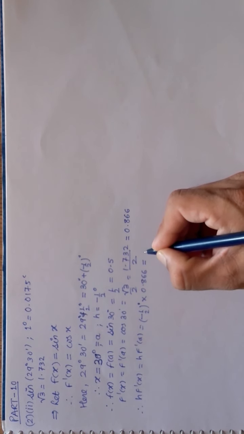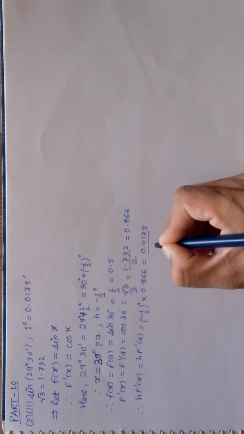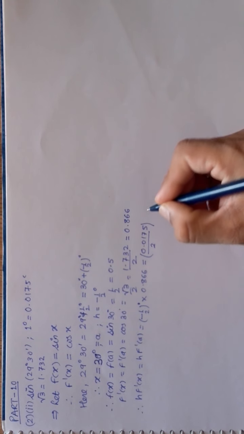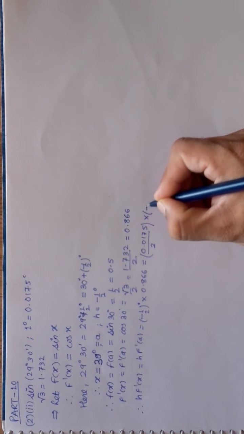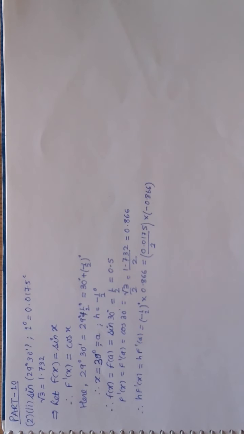So, it will be 0.0175 half. That much it will be. This minus sign I am proceeding further, minus 0.866. Agreed. So, what you get becomes 0.00875. Remember this value permanently because it will be used many number of times. So, half of 0.0175 is 0.00875. Now, this you need to multiply.